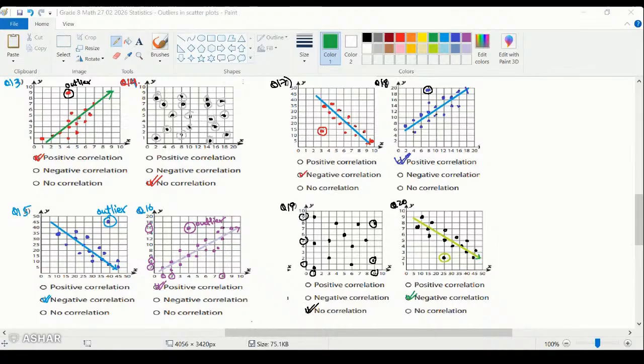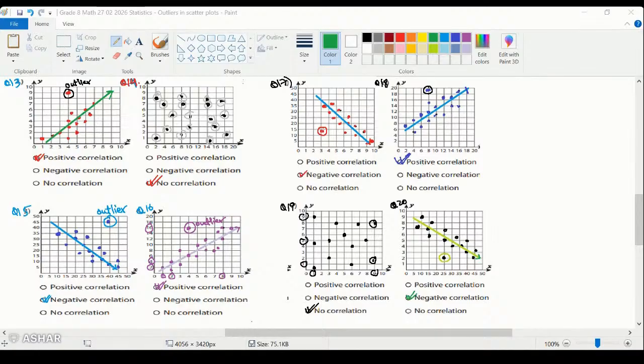Okay, let's try some questions from the test. Just a moment, please. Meanwhile, let me copy this. This is maths, grade 8, chapter number 25, lesson number 8, and the test.